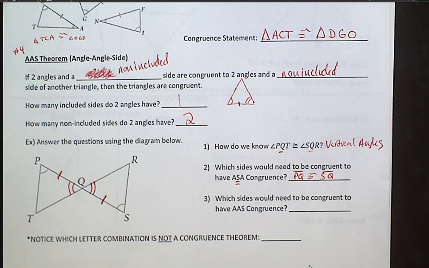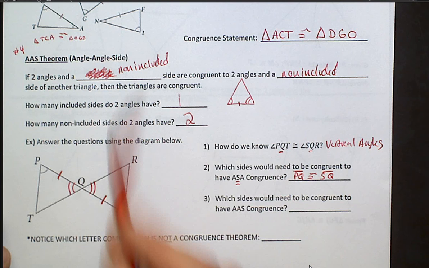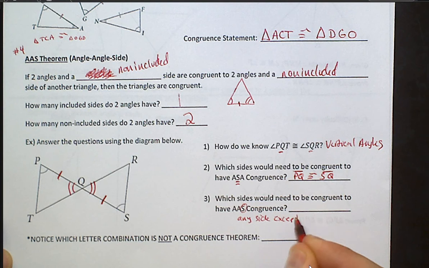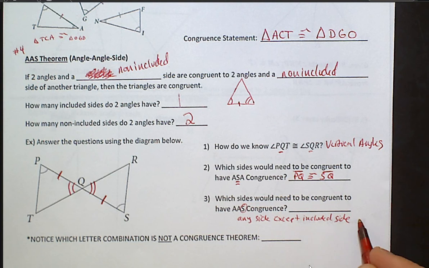Question 3 says, which sides would need to be congruent to have angle-angle-side? Now the nice thing about angle-angle-side, and I really didn't talk a lot about it up here, is that this side can be any side except the included side. Okay? Because if it was the included side, then it would have to be angle-side-angle. So really you have a choice here.